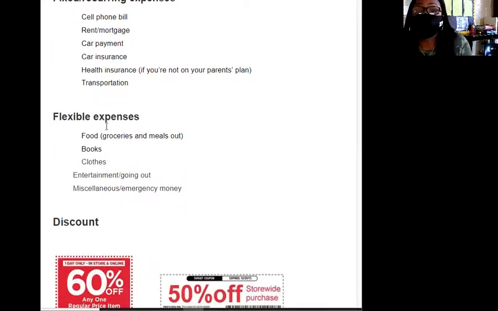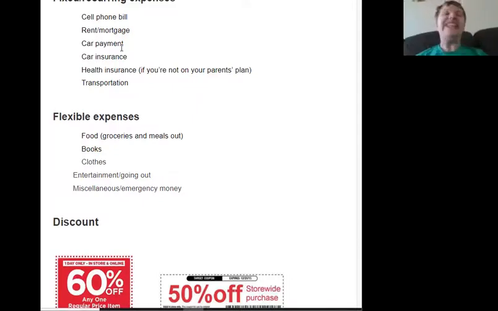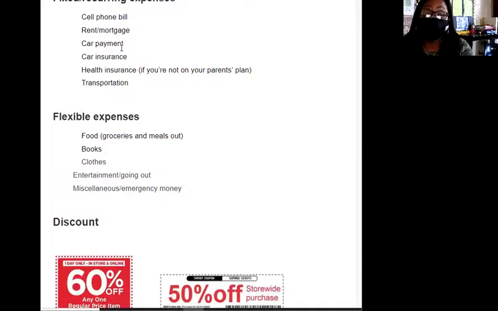Then we have flexible expenses, and flexible means they vary. You could have it this week and not next week. You could have that expense this month and not next month. So some of those expenses are food, groceries, and sometimes takeout, books and clothes and things that we use for entertainment.